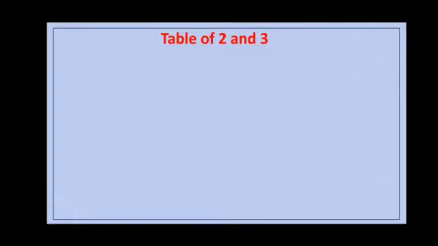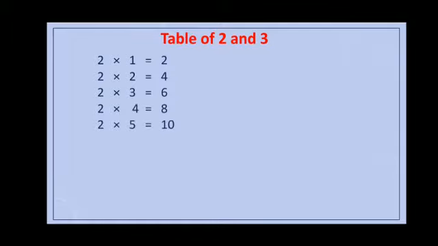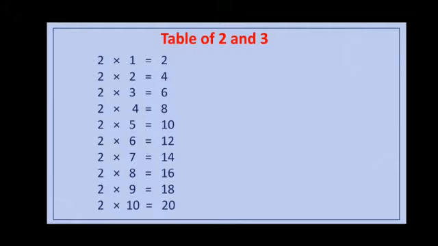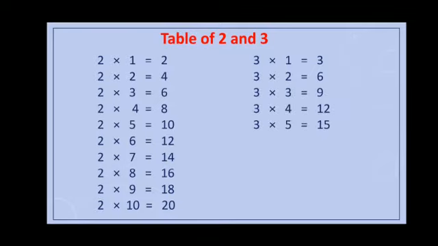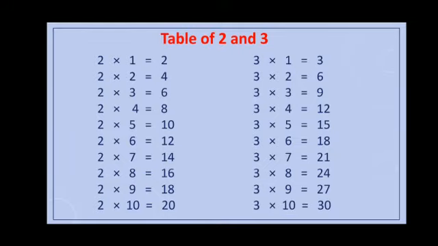Let's learn the tables of 2 and 3 and copy them down. 2 ones are 2, 2 twos are 4, 2 threes are 6, 2 fours are 8, 2 fives are 10, 2 sixes are 12, 2 sevens are 14, 2 eights are 16, 2 nines are 18, 2 tens are 20. 3 ones are 3, 3 twos are 6, 3 threes are 9, 3 fours are 12, 3 fives are 15, 3 sixes are 18, 3 sevens are 21, 3 eights are 24, 3 nines are 27 and 3 tens are 30. Now learn it and copy it down.